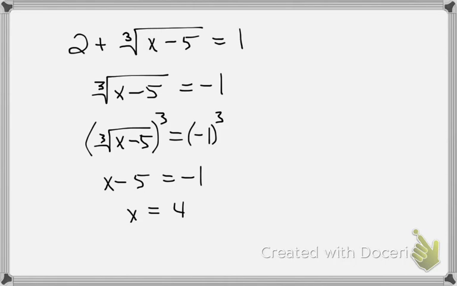Negative. You don't get that loss of information when you have an odd power. Checking's never a bad thing to do, right? But you'll never find an extraneous solution with an odd root. Okay? So that means 4, provided we did everything else right, is our solution. Checking's never bad, but for the odds it'll be okay.